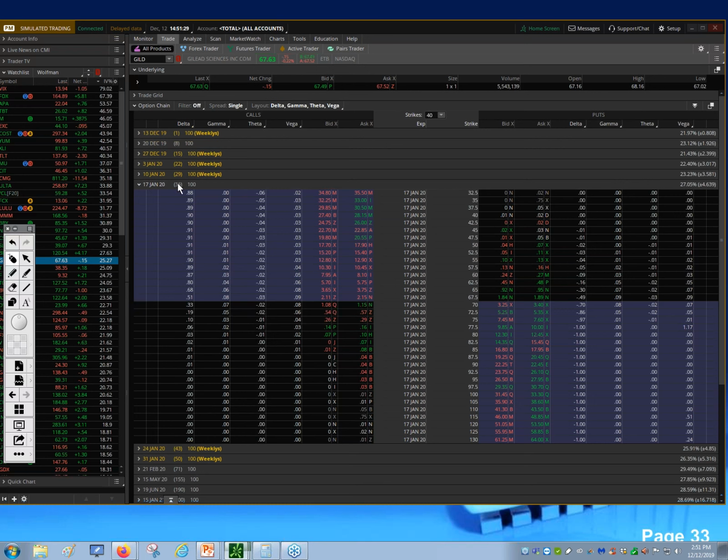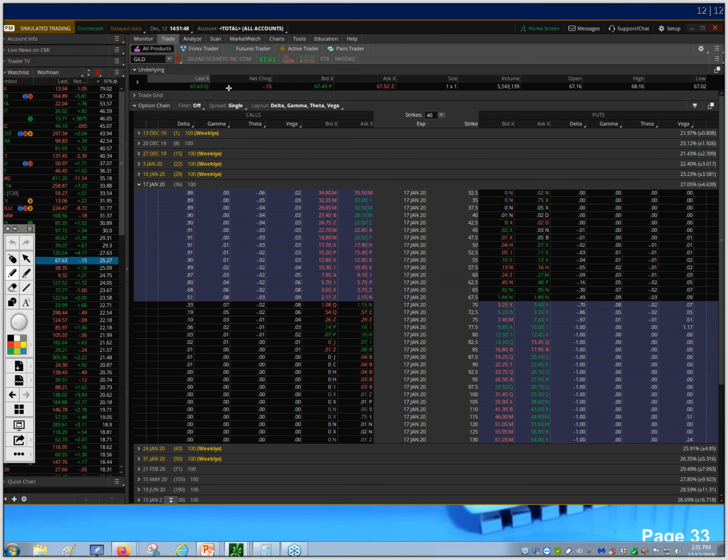Now, sometimes there's 15 days to expiration, and we're going to be looking at 45 days to expiration for this rule. So as close to 35 days to expiration as possible is what we're looking for. This stock is less than $100, so our rule is it needs to be equal to or less than 10 cents wide.